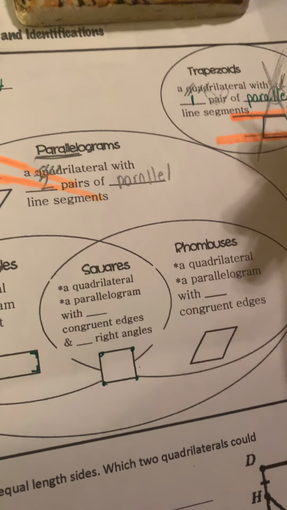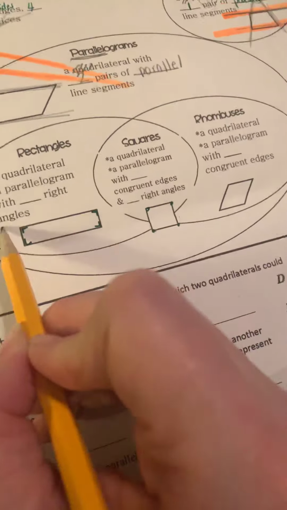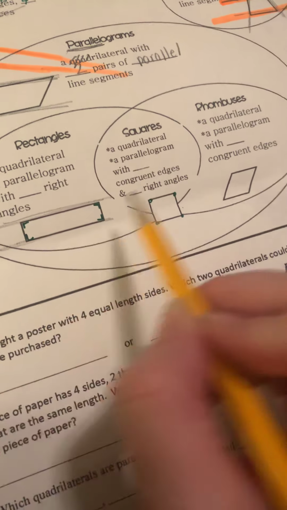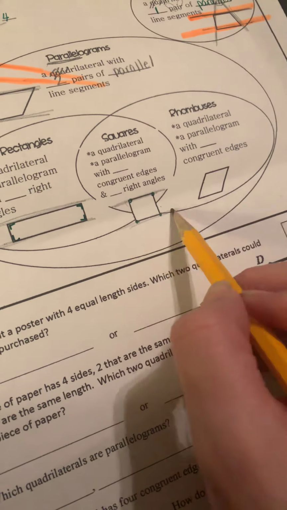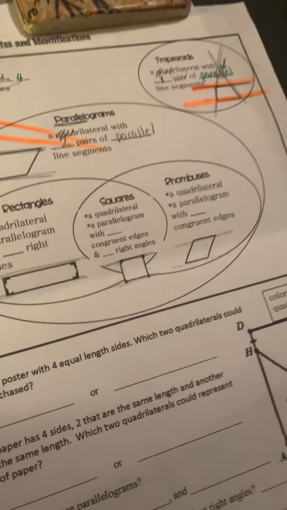Parallel. Two pairs. So I want us to prove that. So I want you to extend the top and bottom of all four with your pencils. And I'm going fast forward and not as neat. I would do this neater in the classroom. And then extend the sides with your highlighter.